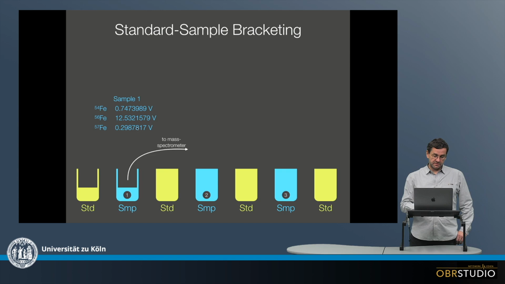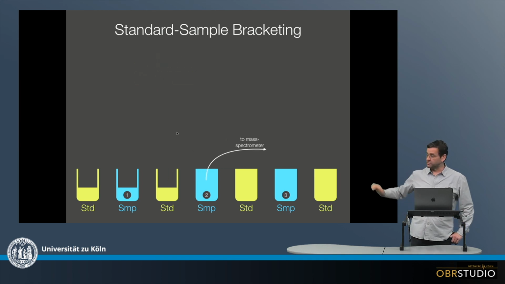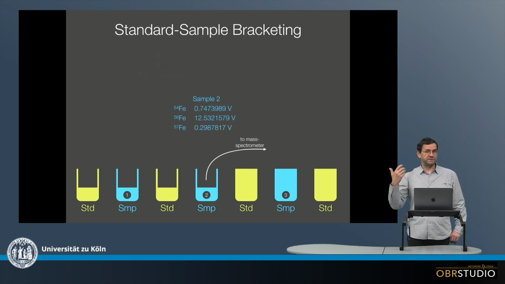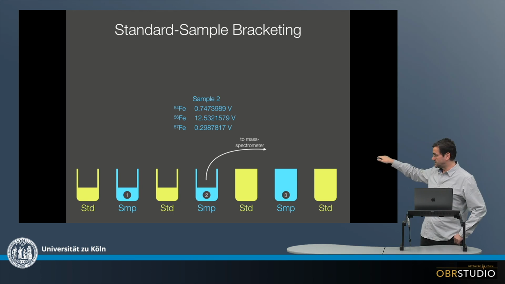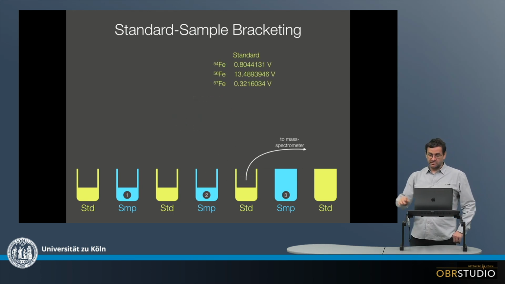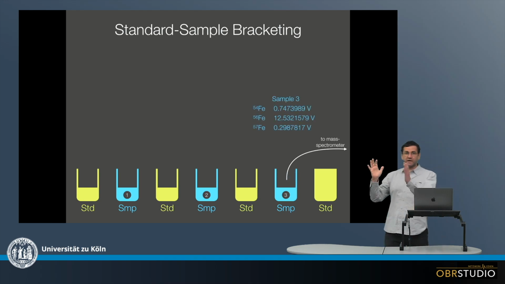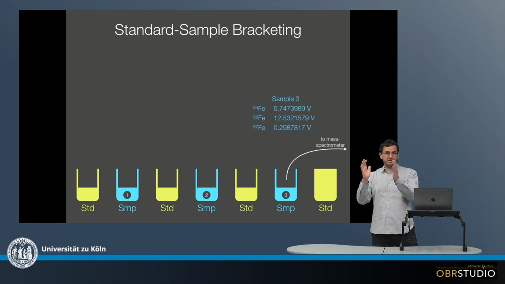And then the nozzle moves to the next standard, sucks out the solution, measures the iron intensities again in volts, then moves to the next sample, measures the intensities of the iron isotopes, then the next standard and the next sample, and so on. So each sample here is bracketed by 2 yellow standards.